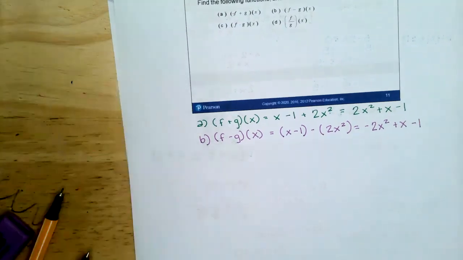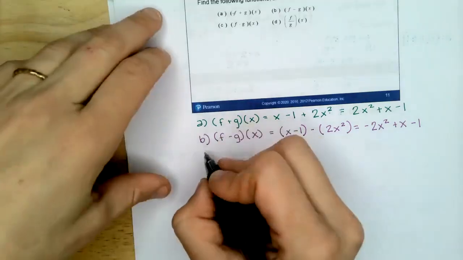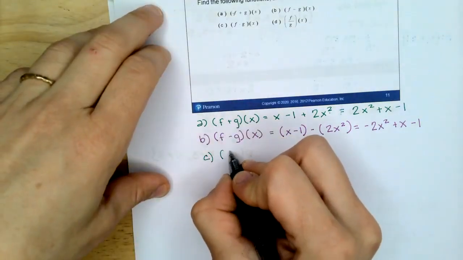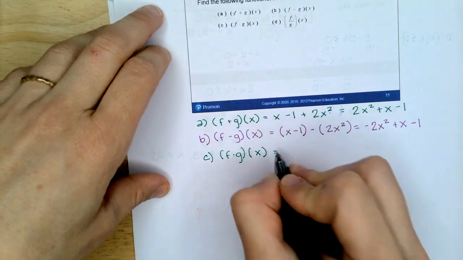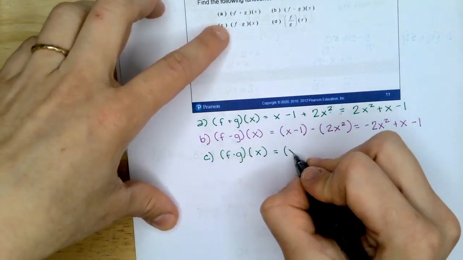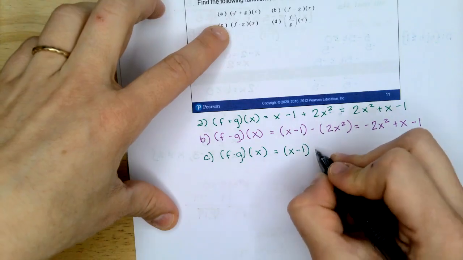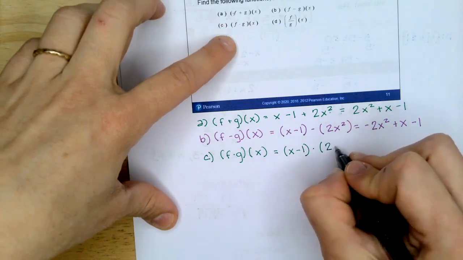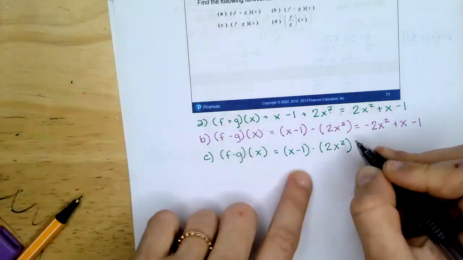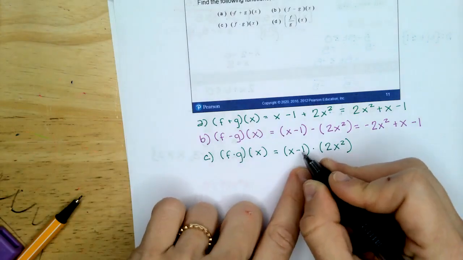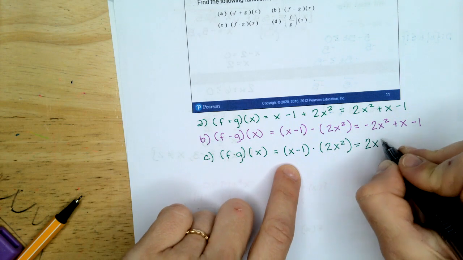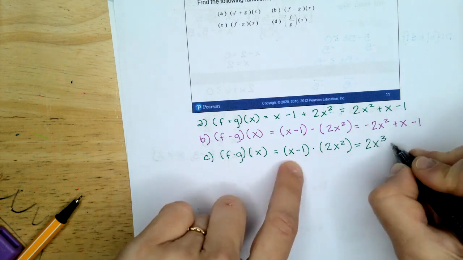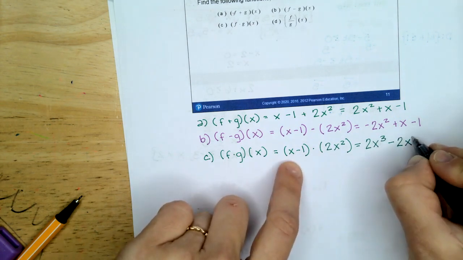Good. C, f times g of x is x minus 1, now you need the parentheses, times 2x squared. I'm going to distribute the 2x squared to the x minus 1. 2x squared times x is 2x cubed, and then 2x squared times negative 1 is a negative 2x squared.